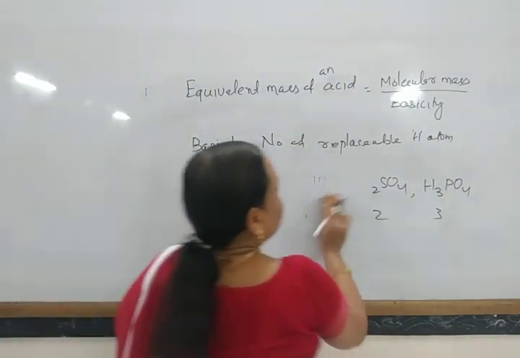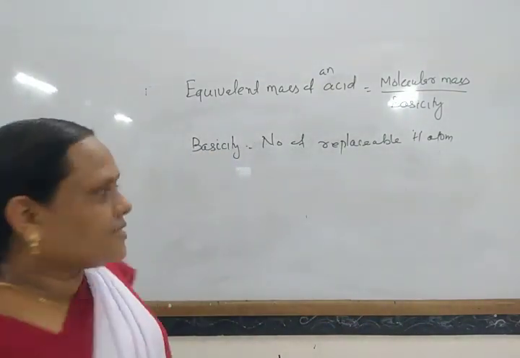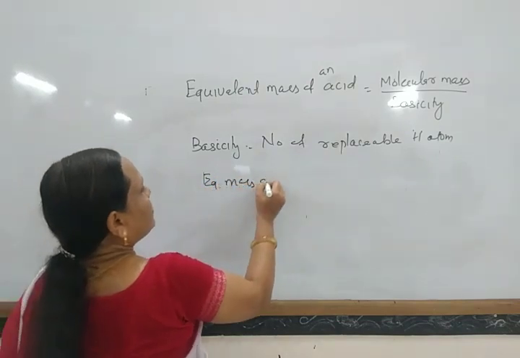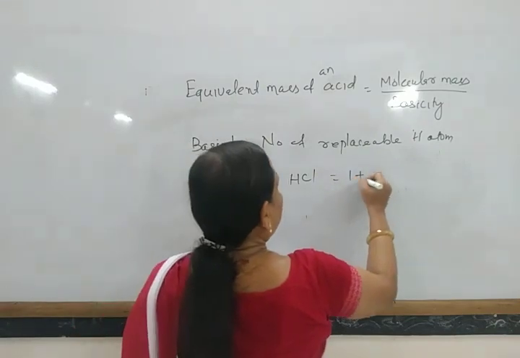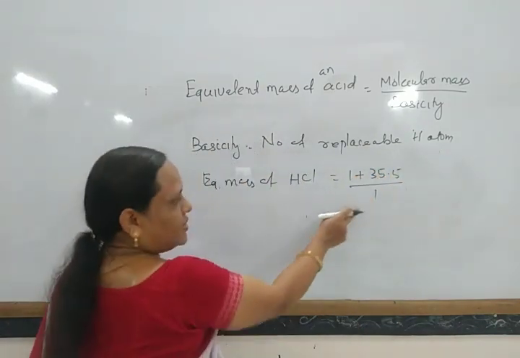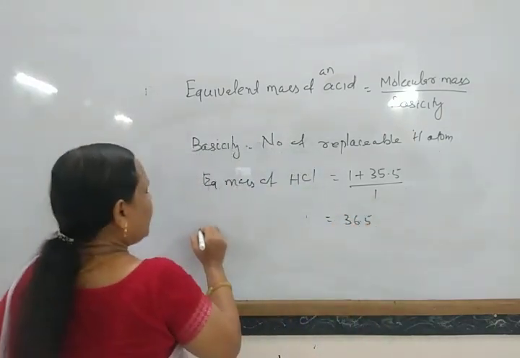So hence, how to find out the equivalent mass of these acids? Equivalent mass of HCl, that is 1 plus 35.5 by basicity 1, that is 36.5.